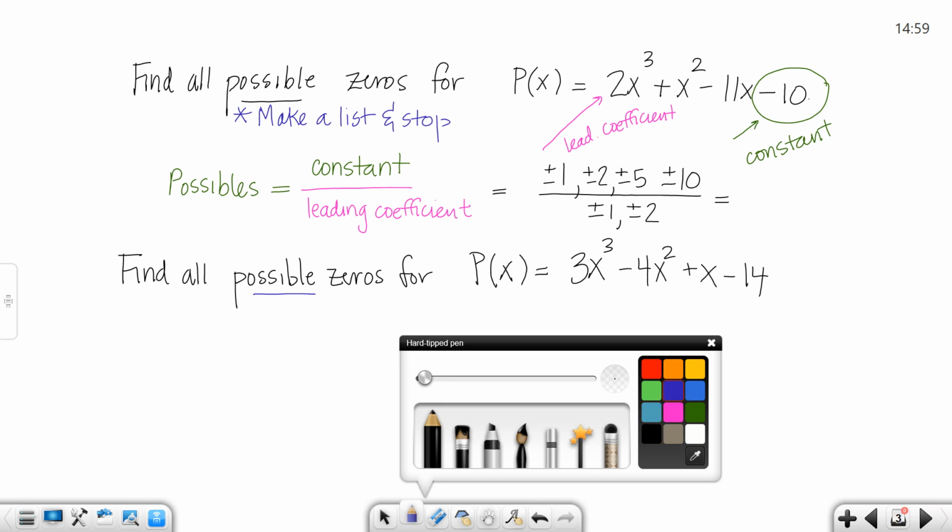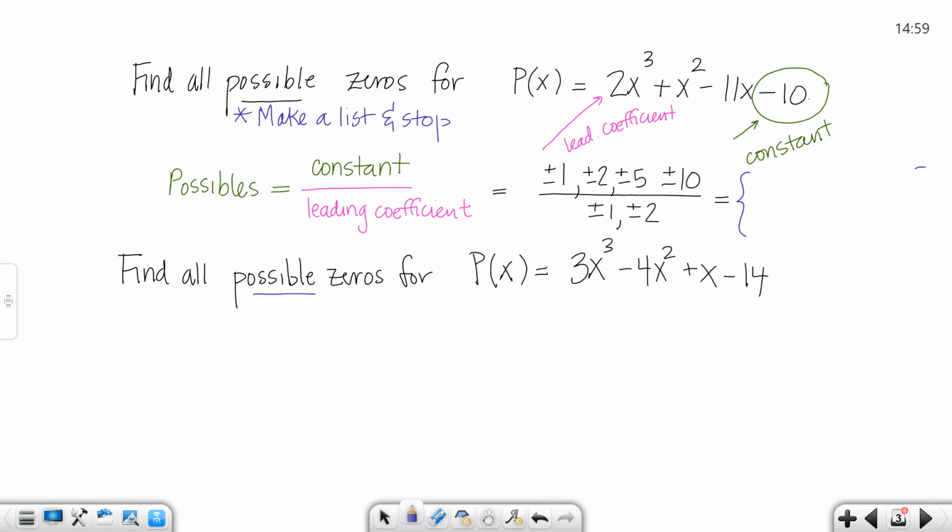So what you're going to do after that is make a list. I have to put all of the numbers over 1. So you would say 1 over 1 and 2 over 1, just going across the top, everything over 1, and 5 over 1 and 10 over 1. You put all 4 of those numbers over 1.